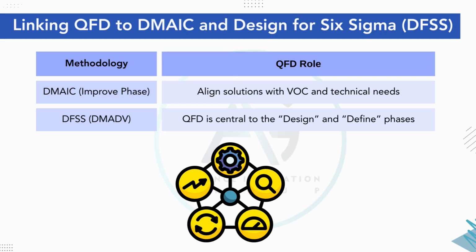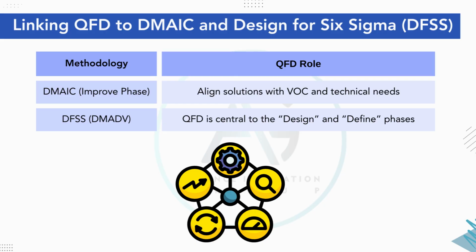In DFSS, Design for Six Sigma, especially in the DMADV methodology, QFD plays a critical role in the define and design phases. It helps translate customer requirements into product or process designs from the start. In short, QFD serves as a bridge between what the customer wants and how we design or improve our processes or products accordingly.